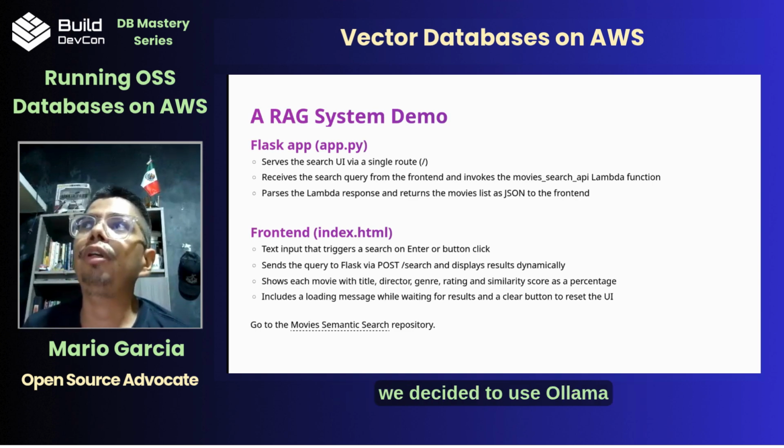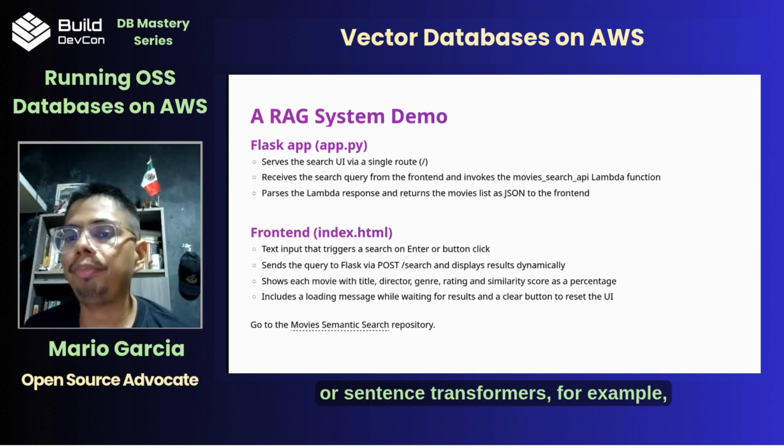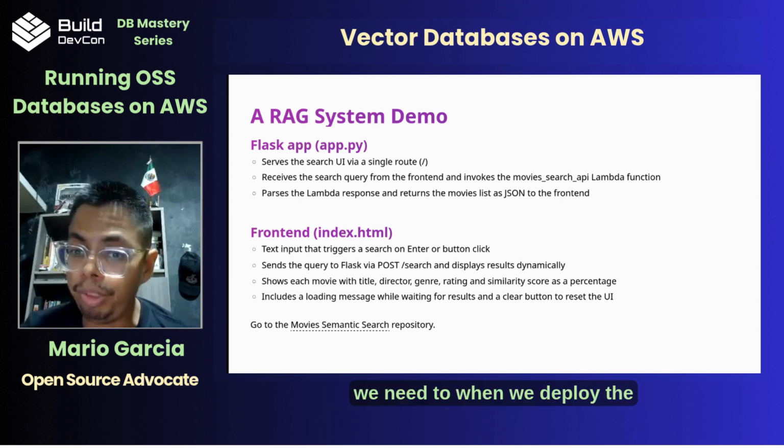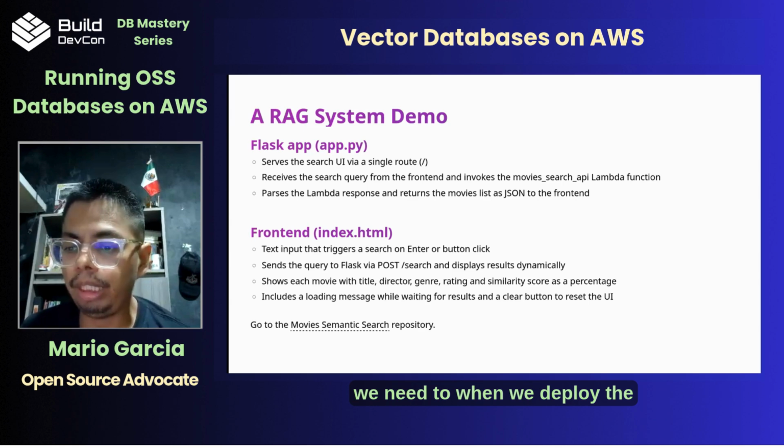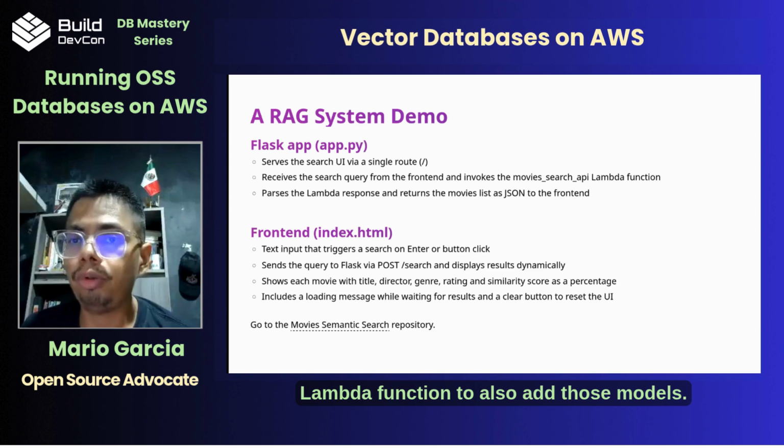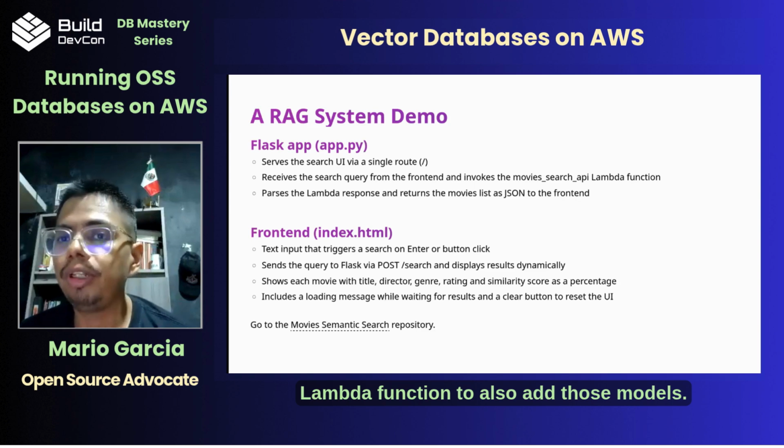But if we decided to use Ollama or sentence transformers, for example, when we deploy the Lambda function, we need to also add those models.